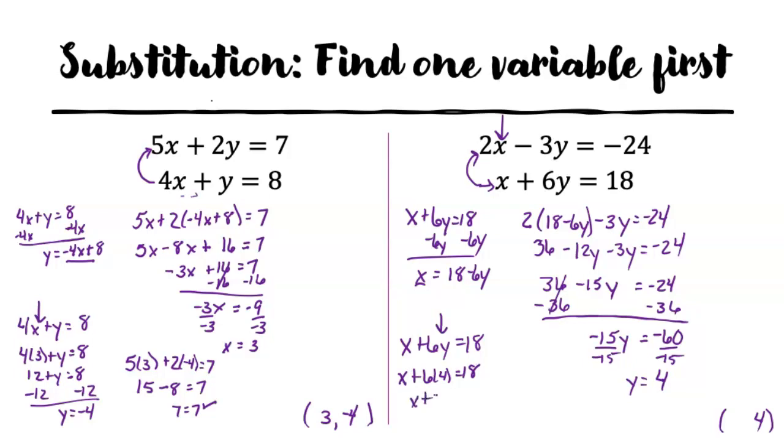So that'd be x plus 24 equals 18. Subtract 24 from both sides. We're solving for x. And it looks like x equals negative 6. Now, remember we talked, we can double check our work here. So go back and double check your work. Make sure if I plug this x and y value into the other equation, is it still true? And if it's not, then we've got to go back and look again.